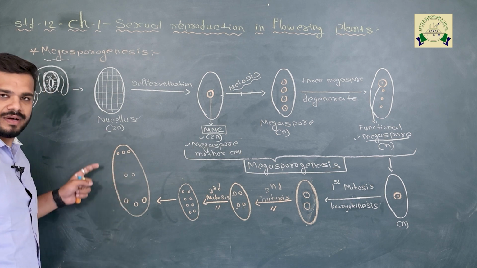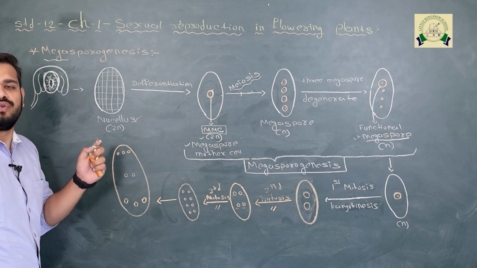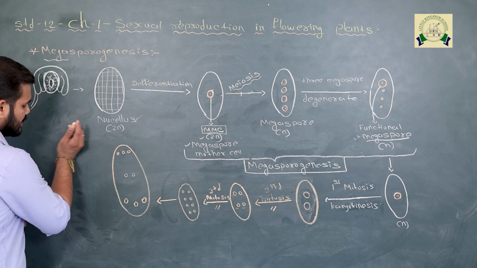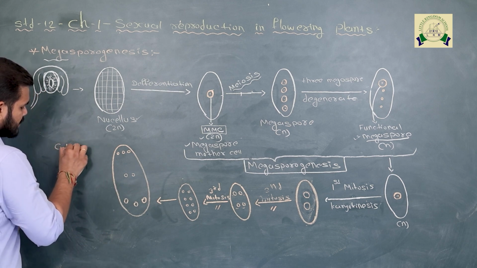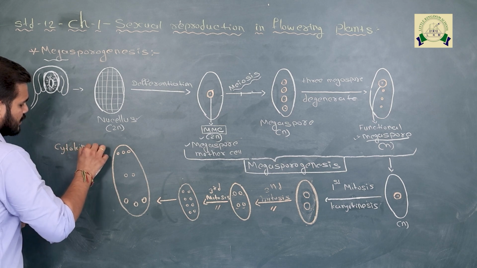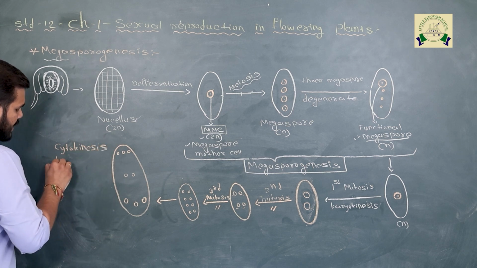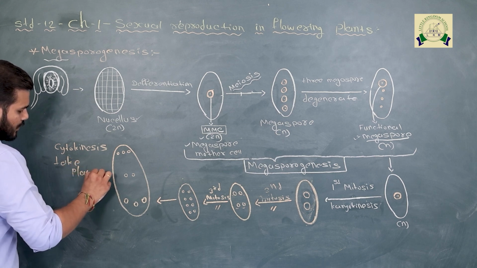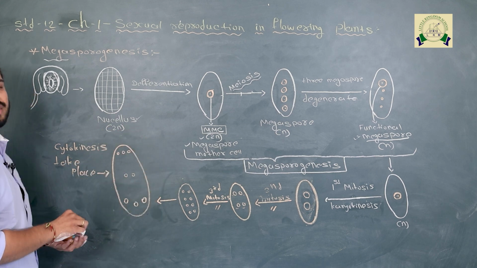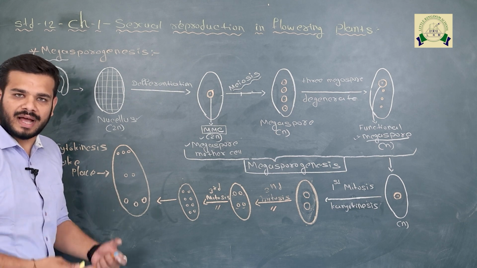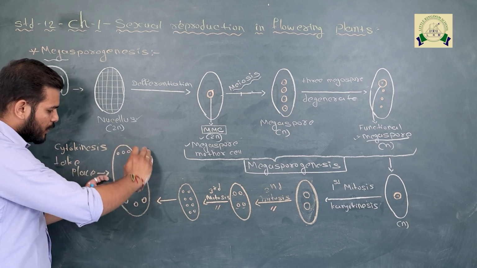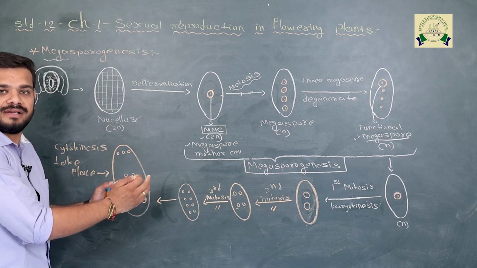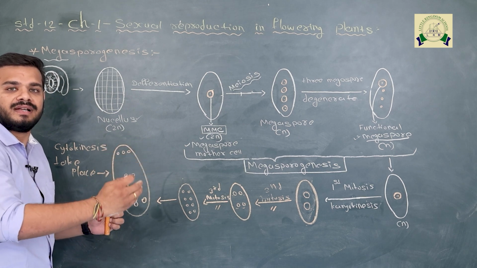And now what happened? After this kind of arrangement, cytokinesis will take place. Cytokinesis takes place in this structure, and as a result of cytokinesis, the cytoplasm present inside this cell is going to divide, and now we have different kinds of cells.